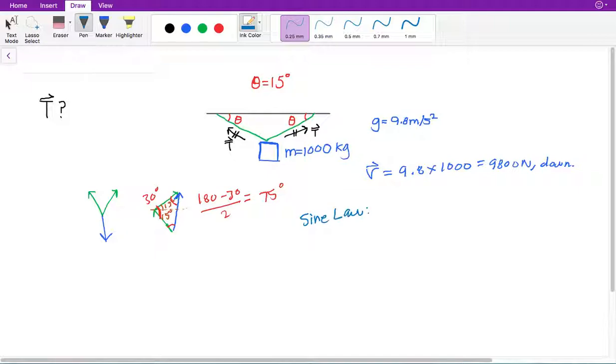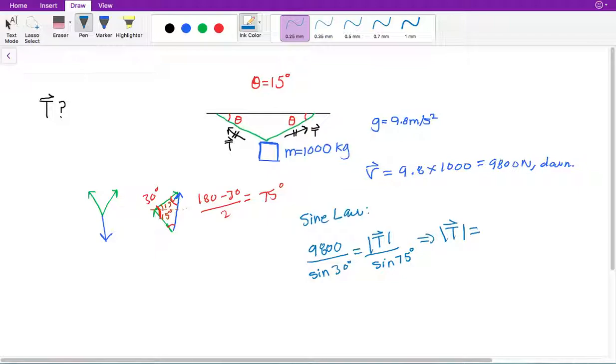To put that more simply, I know the magnitude of the vertical vector, which is 9,800 newtons, and I know the sine of the angle opposing it, which is sine of 30 degrees. That ratio is equal to the magnitude of the tension vector over the sine of the angle opposing it, which is 75 degrees.